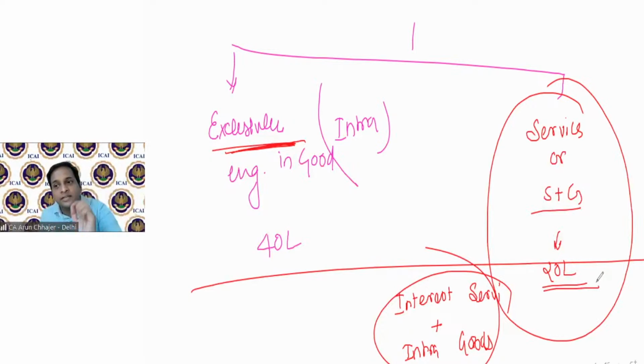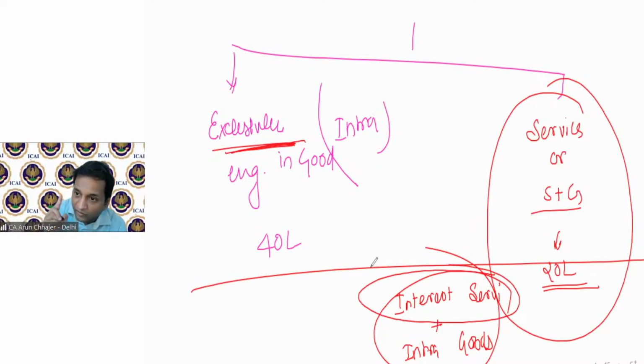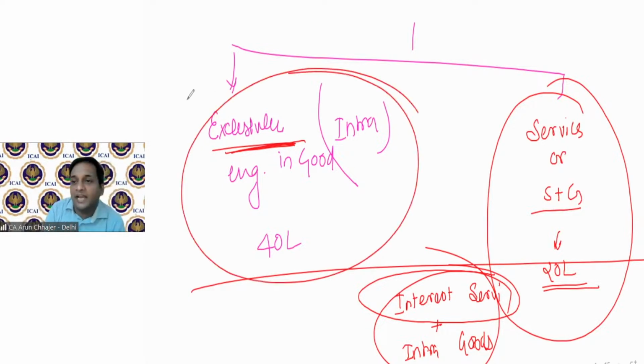This part has been relaxed. Section 22 subsection 1 says that if the supplier is receiving interest income, it will not create ineligibility from 40 lakhs. Otherwise, if you are exclusively engaged in the goods, the threshold limit will be 40, not 20.